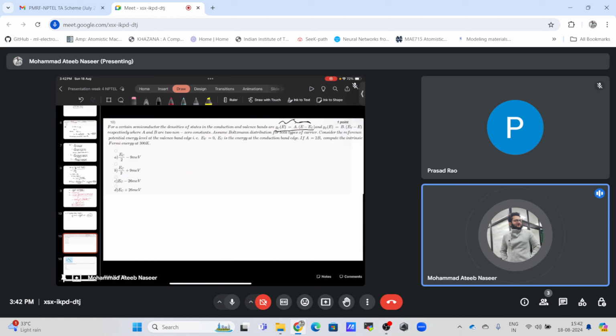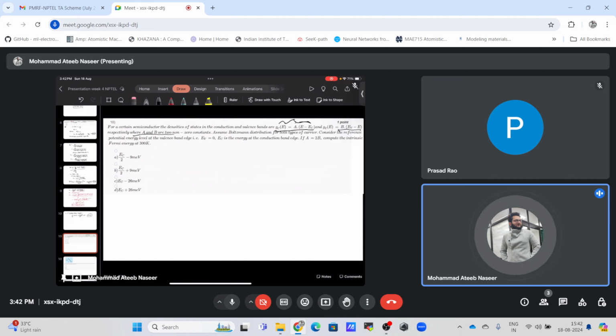And Gv, the density of states in the valence band, is also a linear function of energy with a negative slope, considering B is positive. So we have a density of states that is a linear function of energy for the two materials, where A and B are non-zero constants.